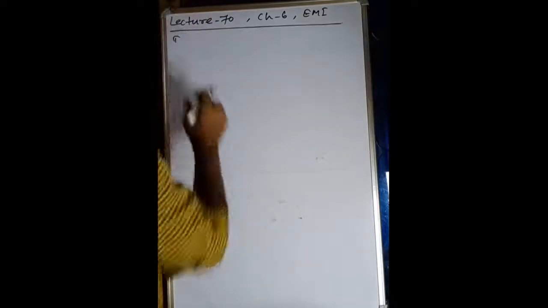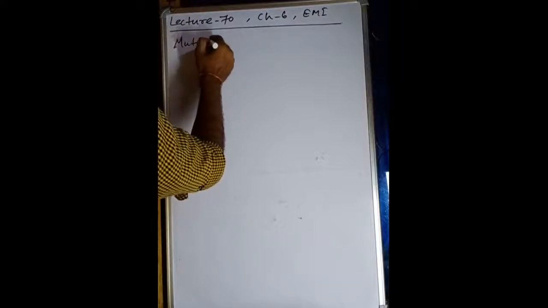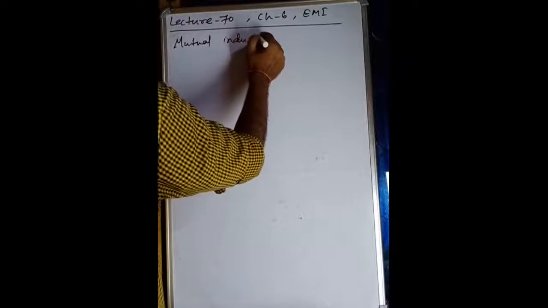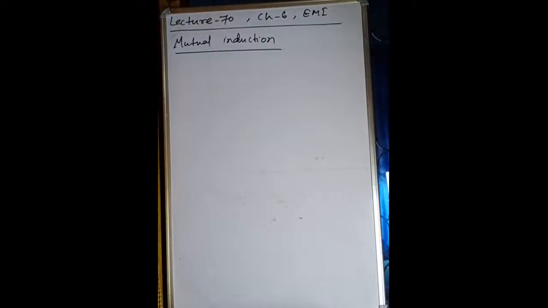The mutual induction is the phenomenon of inducing EMF in one coil due to change in magnetic flux, due to change in current, that is change in magnetic field, by another coil. Okay, this is called mutual induction. Look at here with the pictorial explanation. Try to understand mutual induction.